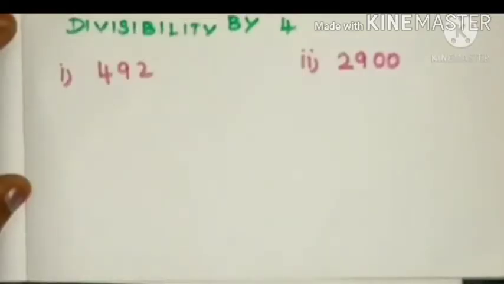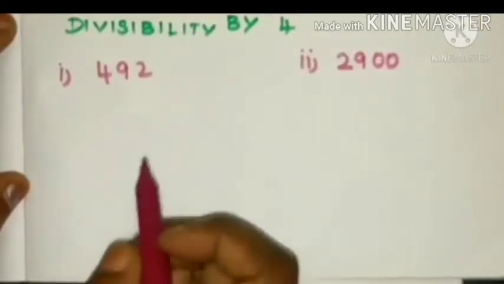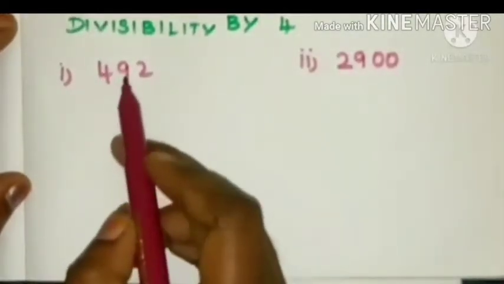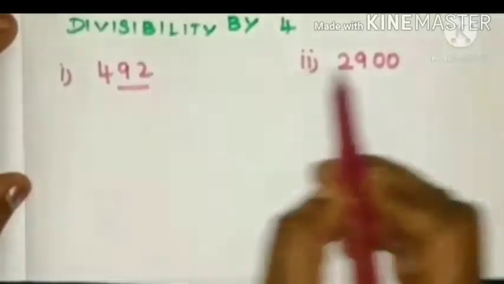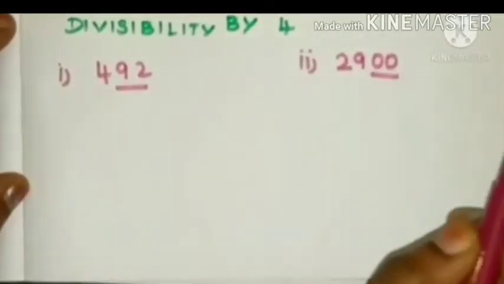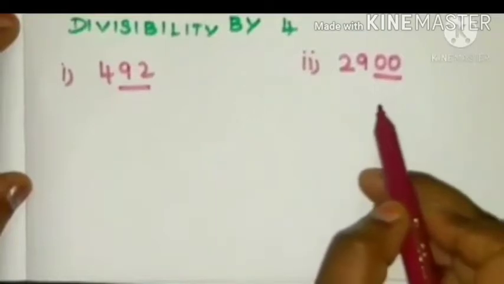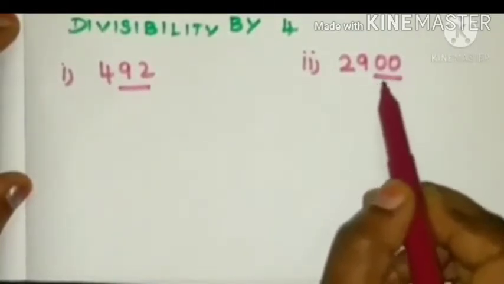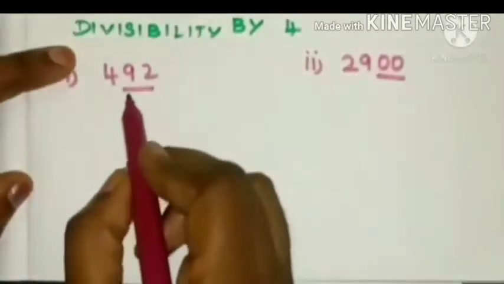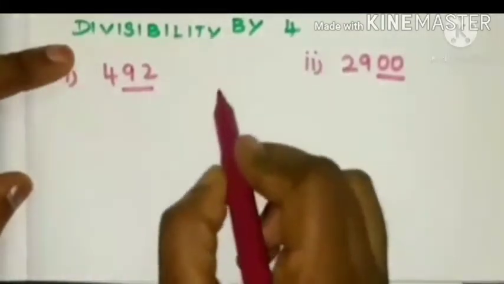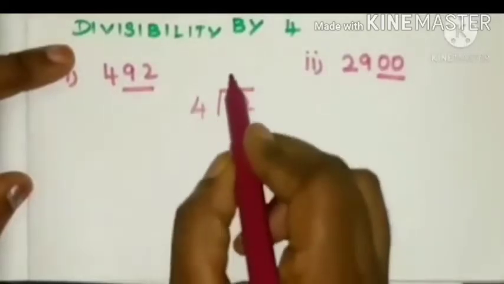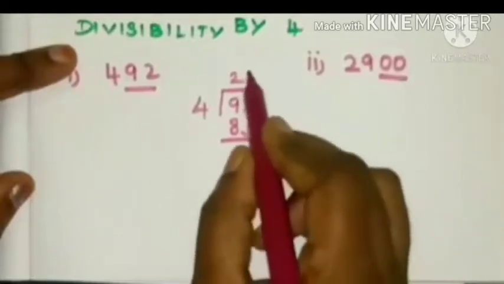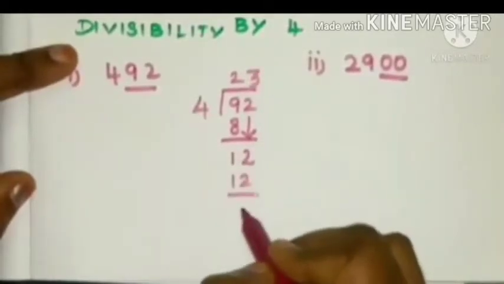And the next one is divisibility by 4. The rule for divisibility by 4 is a number is divisible by 4 if the last two digits of the given number are divisible by 4. And note it carefully, if the last two digits of a number are 0, then also it is divisible by 4. Let's check 92 is divisible by 4 or not. 4 2s are 8, remainder 1. 4 3s are 12.